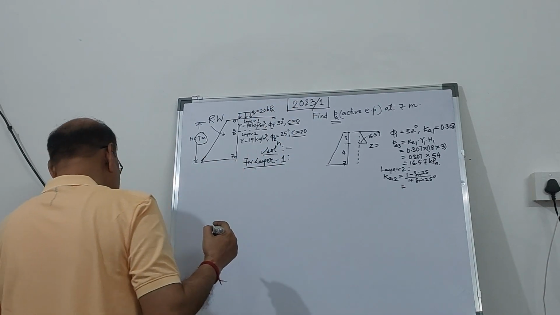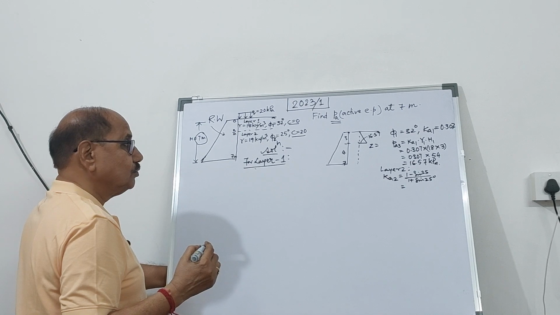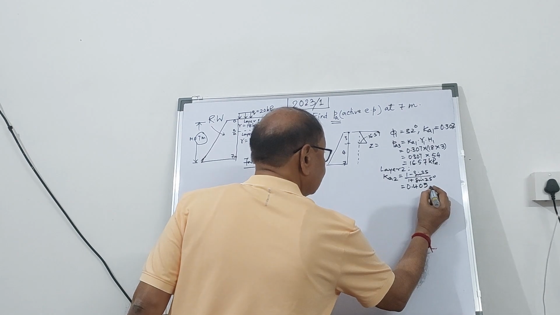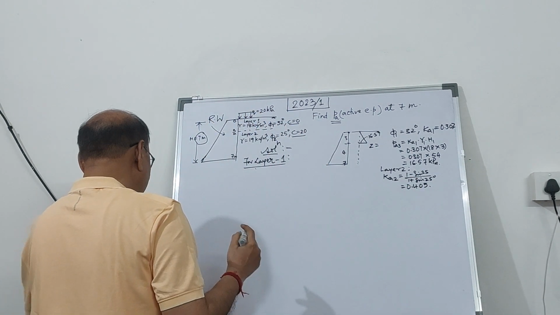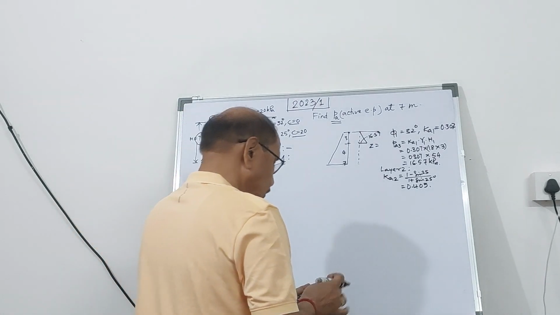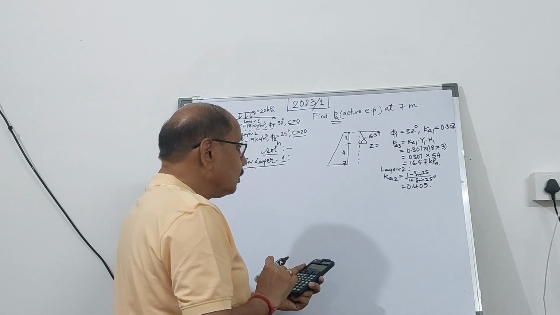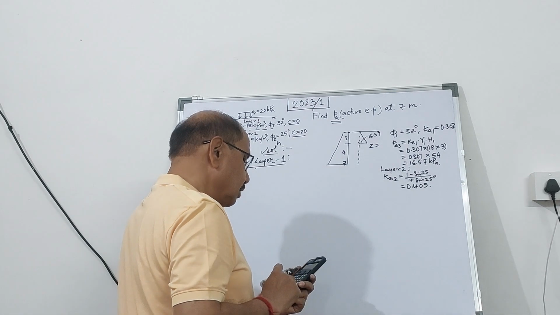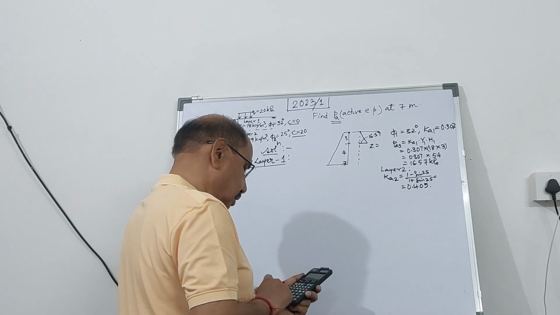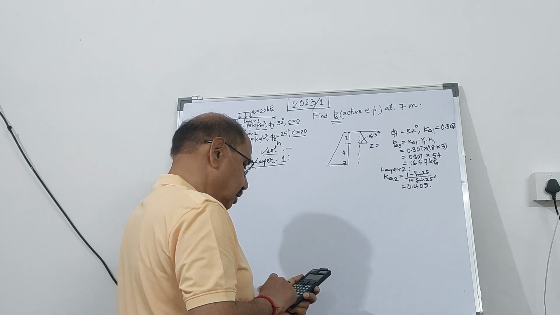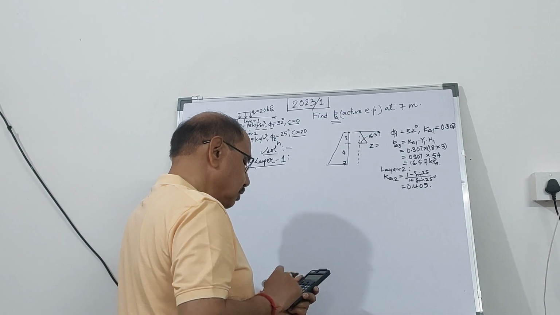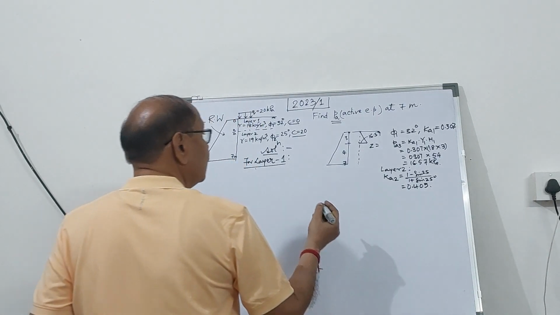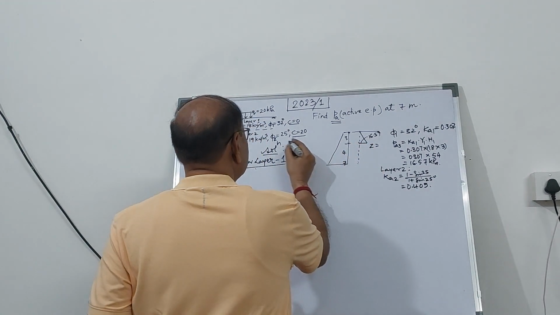You can calculate this, and it will become 0.405. So now it is a C-phi soil.